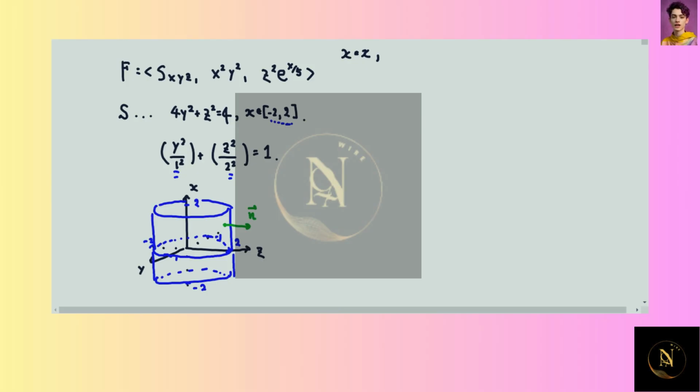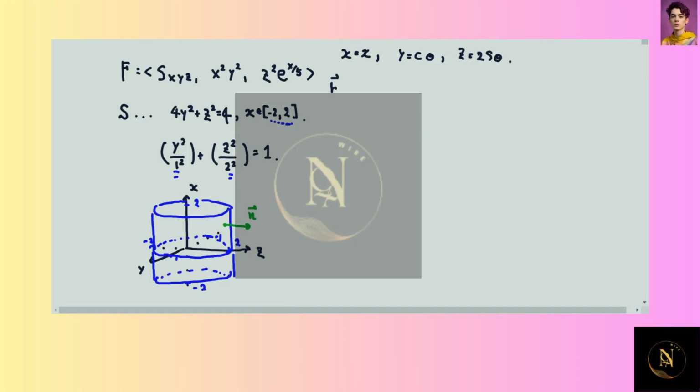Y here, y squared over 1 squared, I would like that to be my cosine, because if I let z over 2 be sine, y squared plus z squared over 4 equals 1, and things are going to work out very nicely. So z itself is going to be 2 sine of theta, and this will be my choice of the parameterization.